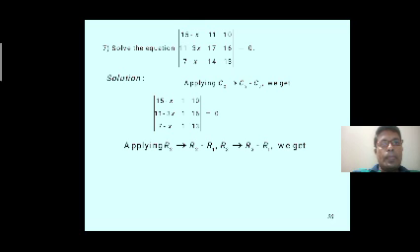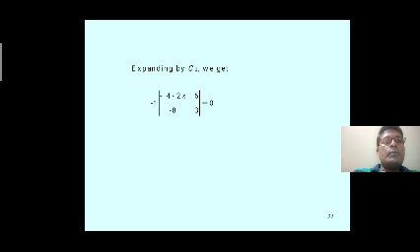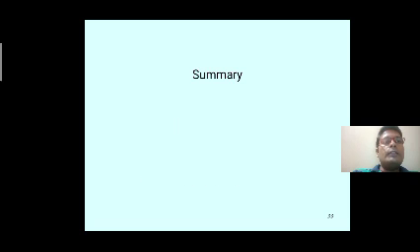Now applying R2 gives R2 minus R1, R3 gives R3 minus R1, we get rows 15 minus x, 1, 10; minus 4 minus 2x, 0, 6; minus 8, 0, 3 equals 0. Expanding by C2, we get minus 1 outside times the determinant minus 4 minus 2x, 6; minus 8, 3 equals 0. Minus 12 minus x plus 48 equals 0, and x equals 6 is the solution.